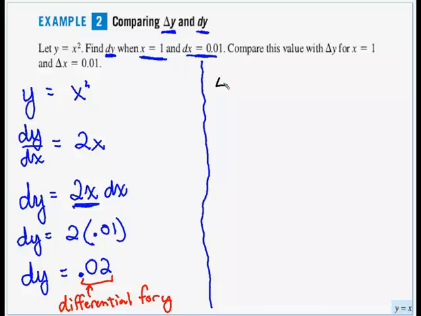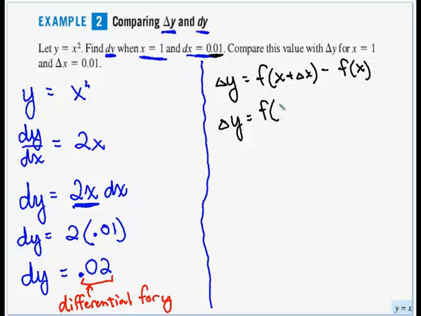Well, delta y, the true change, is equal to f of x plus delta x minus the original f of x. So delta y equals, well, our original x value was 1, and we added 0.01 to it.